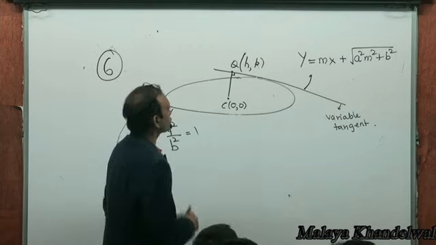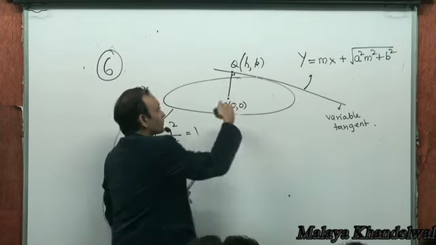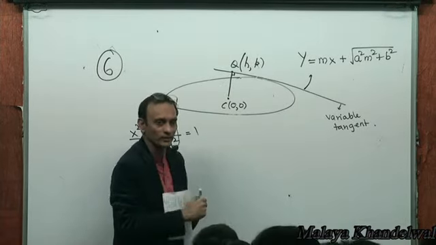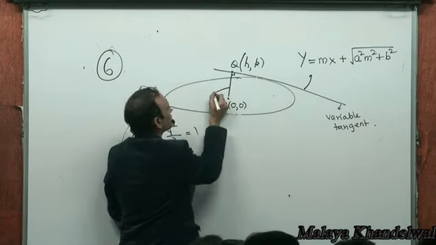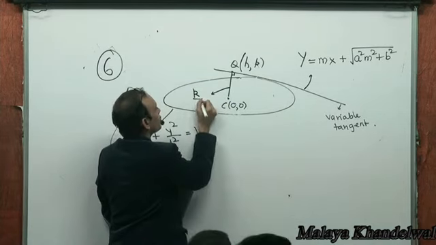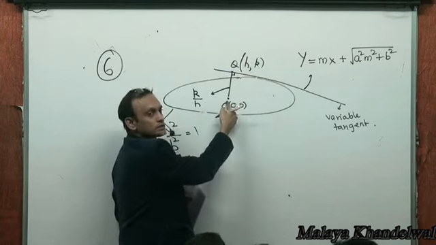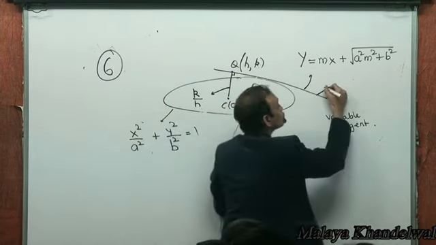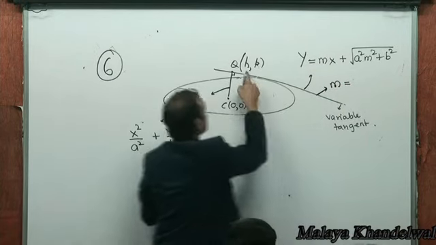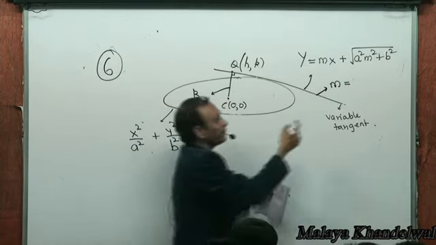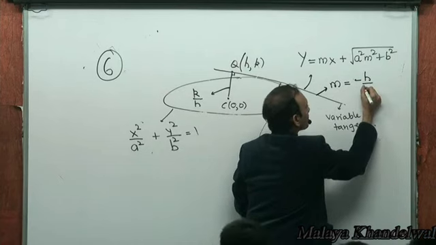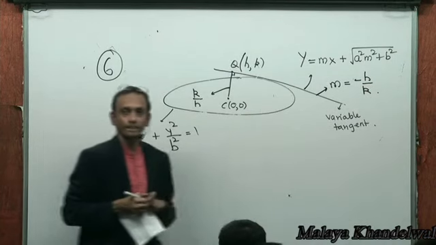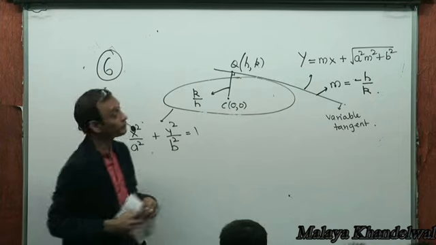Now, look. So (h, k) moves, designating a moving point Q. The slope of this line is k minus 0 by h minus 0, which is the slope of this variable perpendicular. So the slope of the tangent for such an (h, k) would be minus h by k. Yes or no?